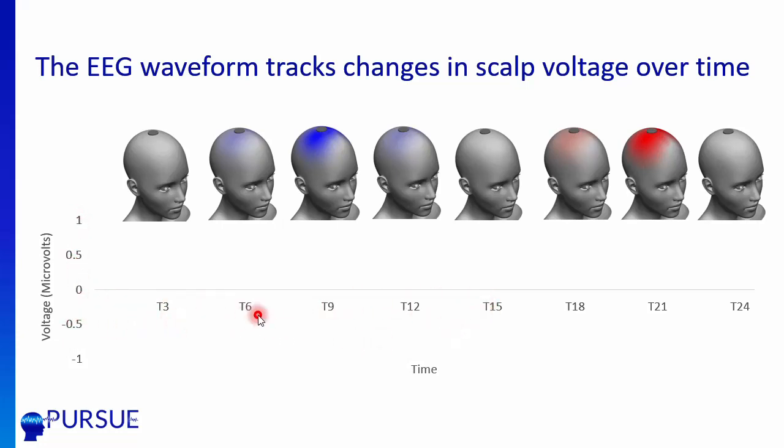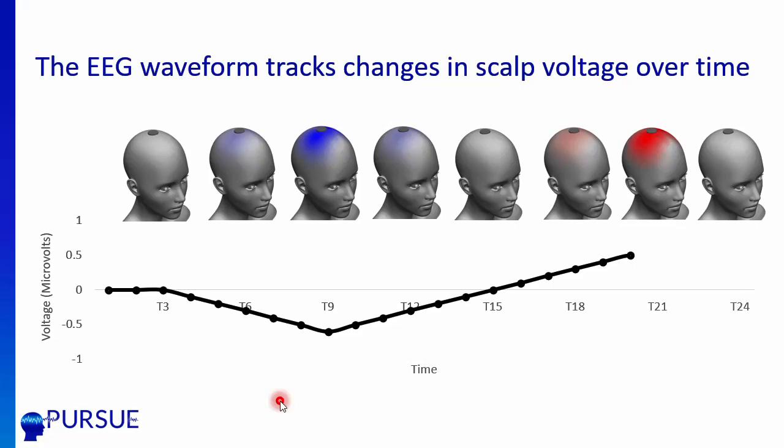T3 and T6 are just time intervals for this particular graph, but you would see them displayed in milliseconds for ERPs. It's plotting the values over time so that you can see the change in scalp activity that corresponds to the picture above.